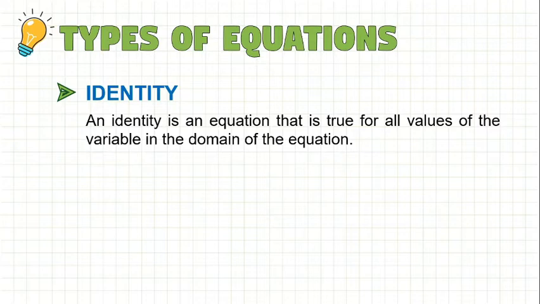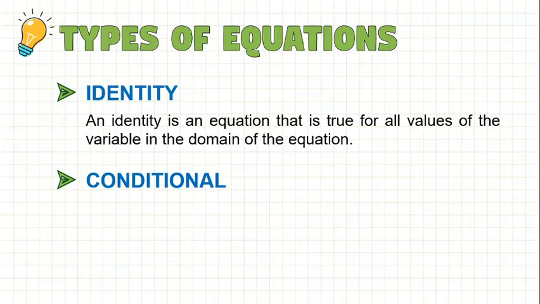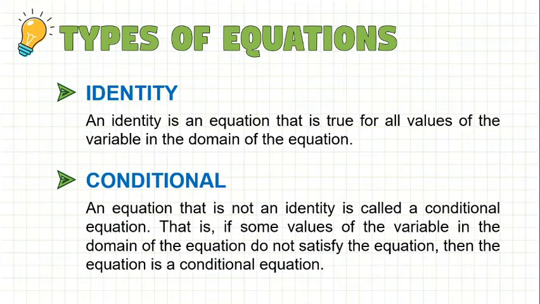Okay, and the second type of equation is what we call the conditional equation. So what is a conditional equation? This is an equation that is not an identity. Okay, so a conditional equation is an equation that is not an identity. That is, if some values of the variable in the domain of the equation do not satisfy the equation, then the equation is a conditional equation.